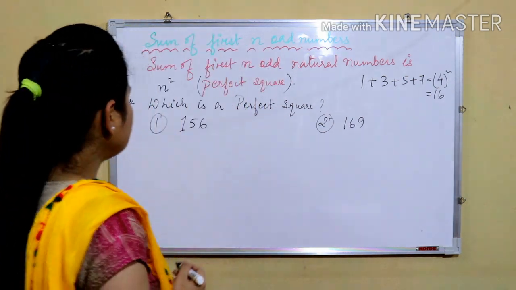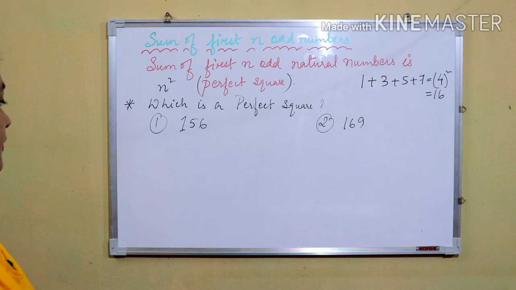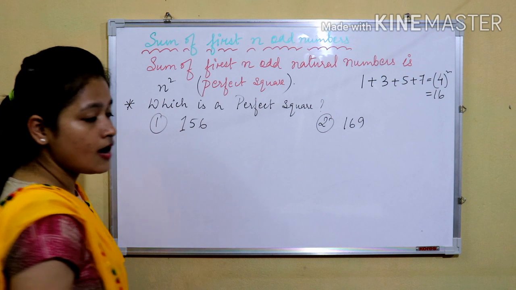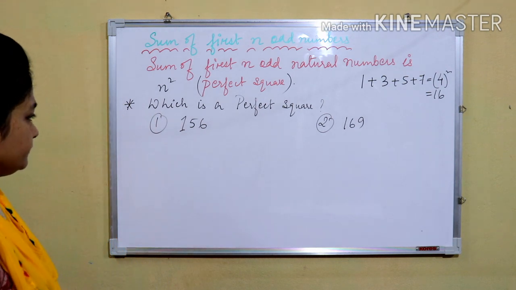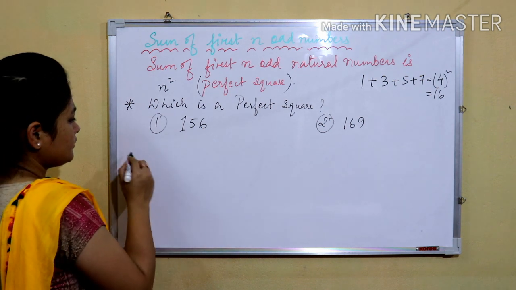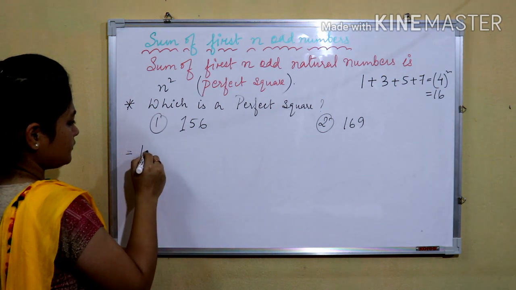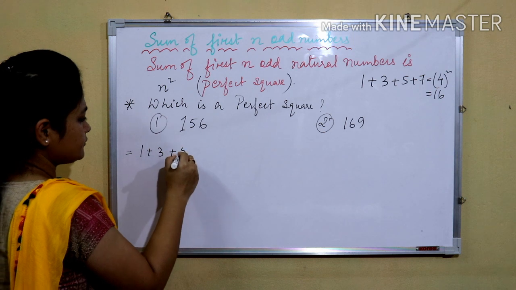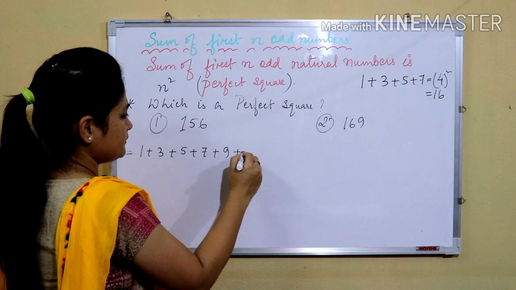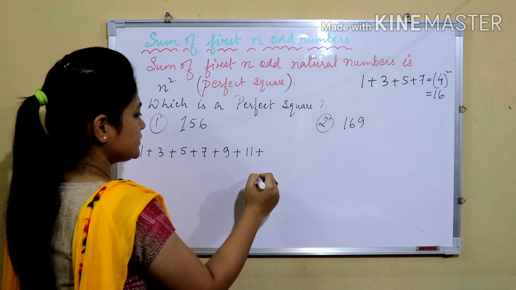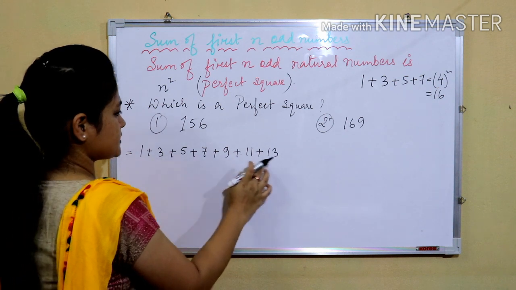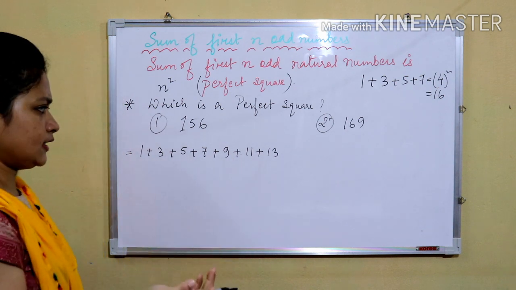Okay. Now let us see a question on perfect squares. We need to find out whether 156 is a perfect square or 169 is a perfect square. Now 156, what can I write? 1 plus 3 plus 5 plus 7 plus 9 plus 11 plus 13, that is 7 numbers, so 7 square, 49.